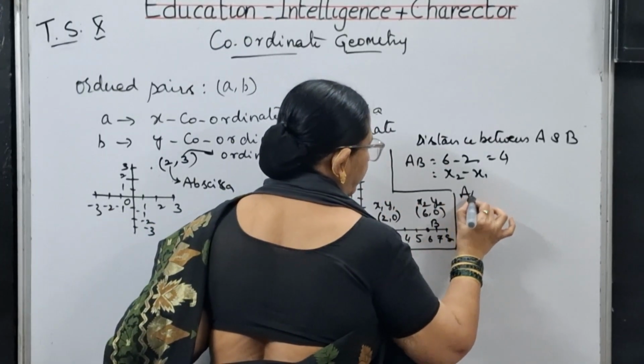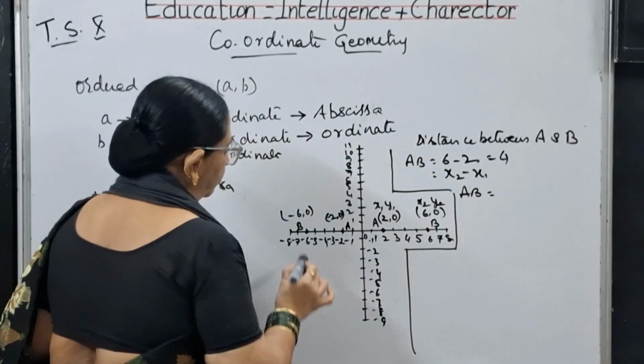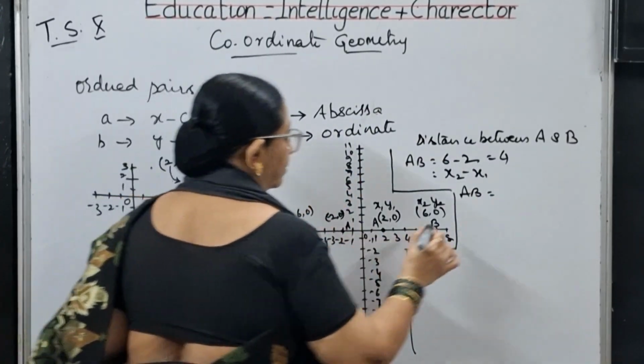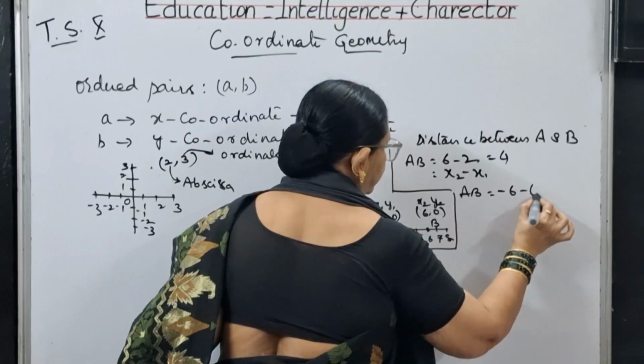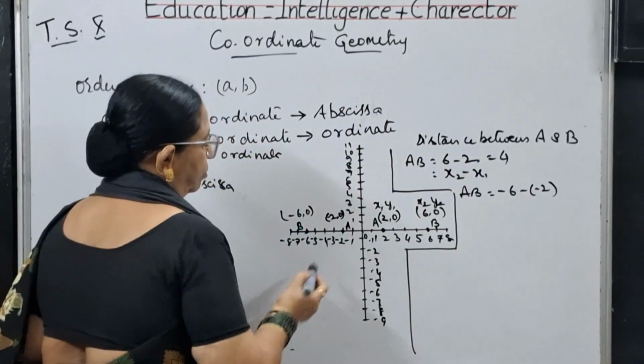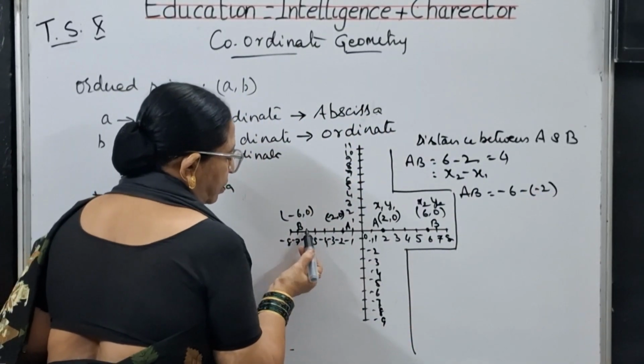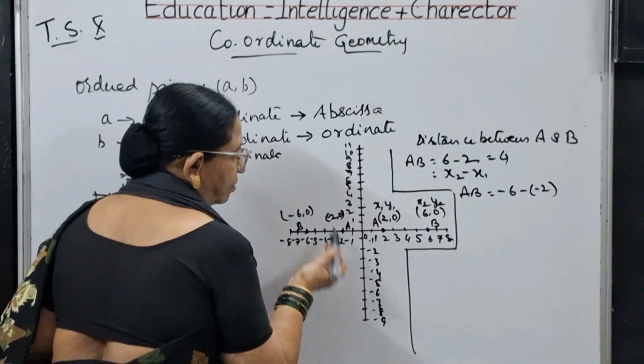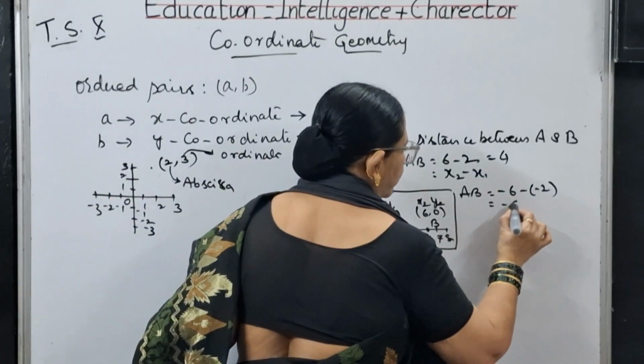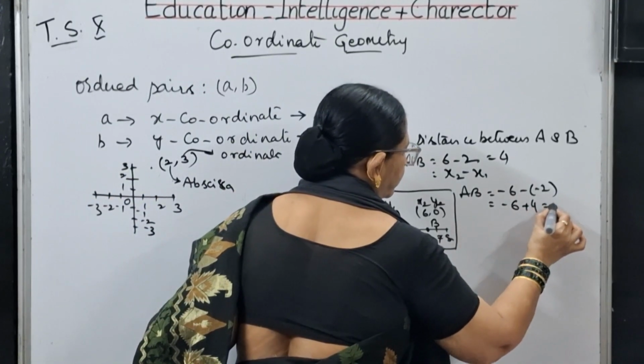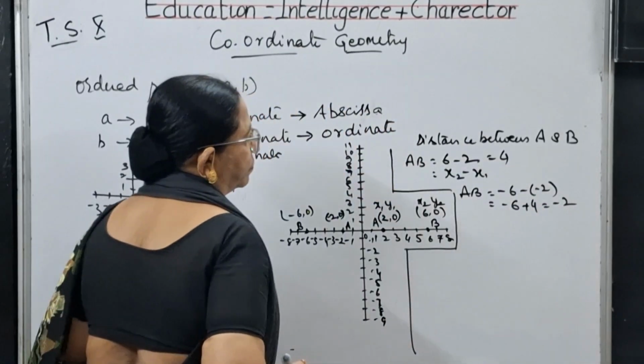If you want to find out AB here, what you will do, children? Minus 6 minus of minus 2 we will do, because we want the distance between them. That is minus 6 plus 4, that is minus 2.